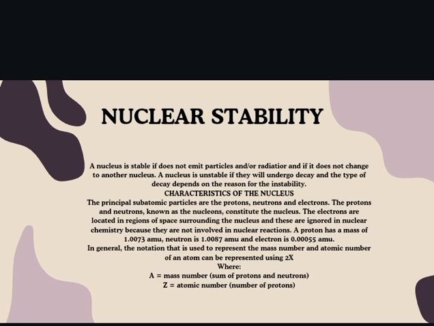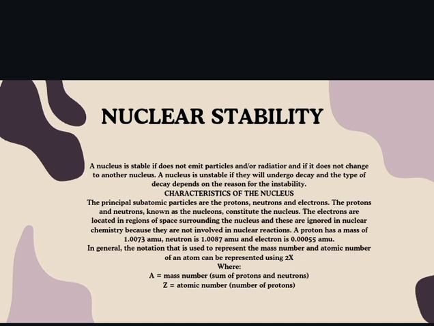Nuclear stability. A nucleus is stable if it does not emit particles or radiation, and if it does not change to another nucleus. A nucleus is unstable if it will undergo decay, and the type of decay depends on the reason for the instability of the nucleus.